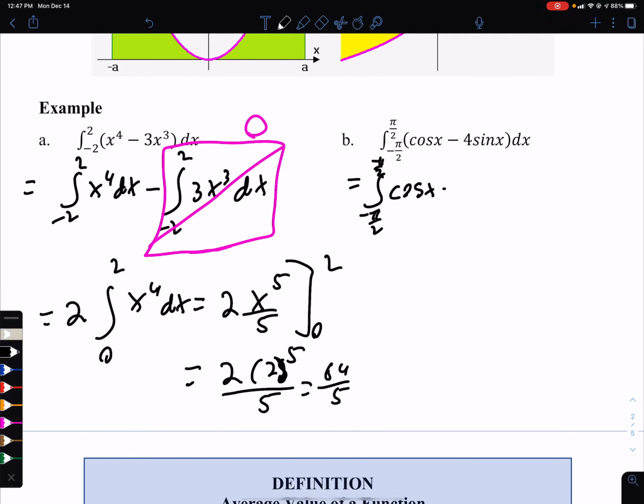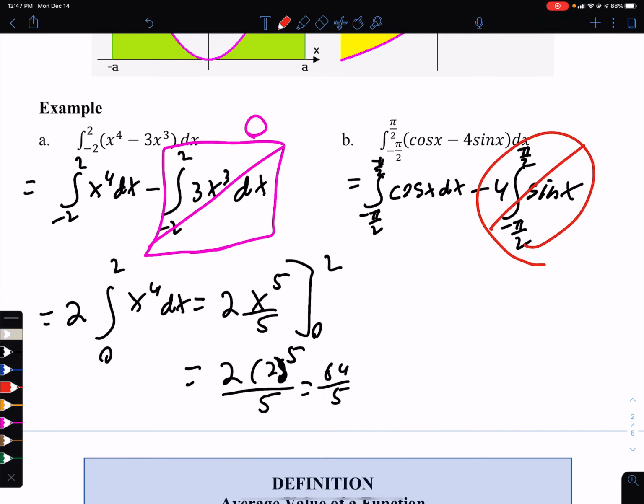And we'll do cos x for one, pull a constant 4 out, and do sine x for the other. But since sine is an odd function from negative 2 to 2, the theorem says that's just going to be 0.